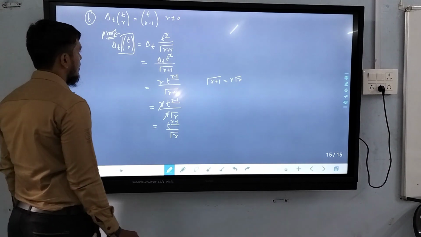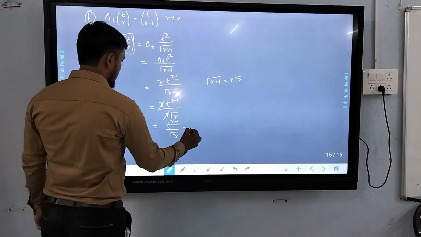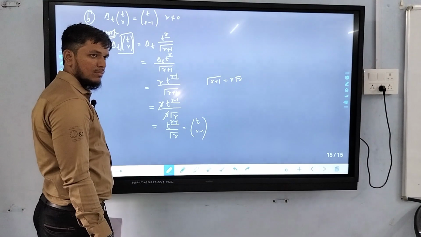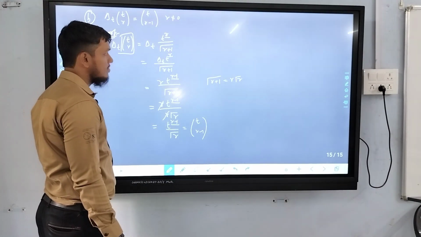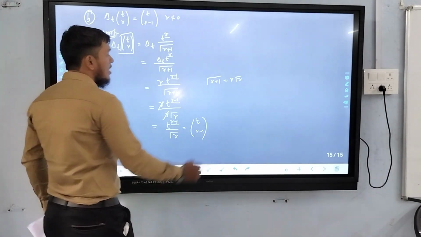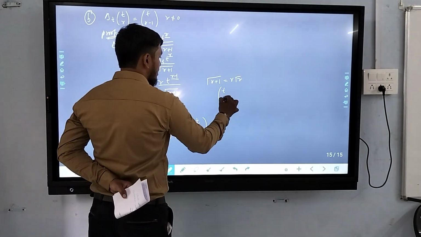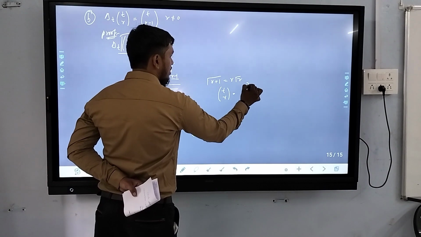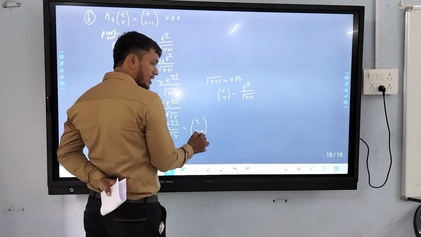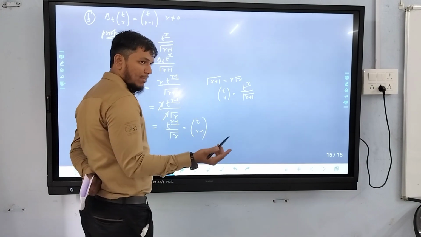So can we write this as t C r minus 1? Yes, of course, because we know what t C r is. t C r is equal to t to the r falling upon gamma r plus 1. If you want to find this one, replace r by r minus 1.